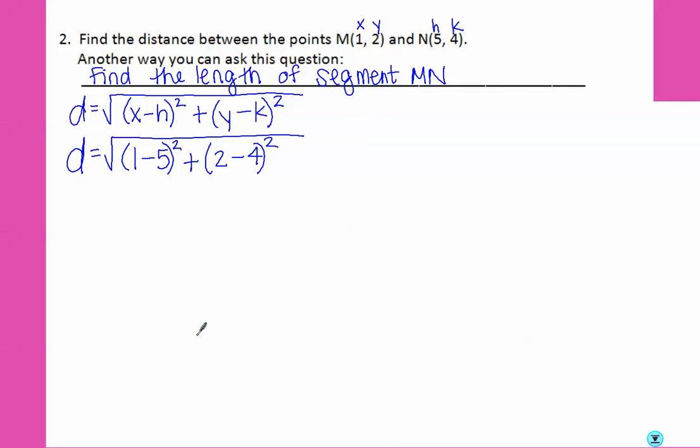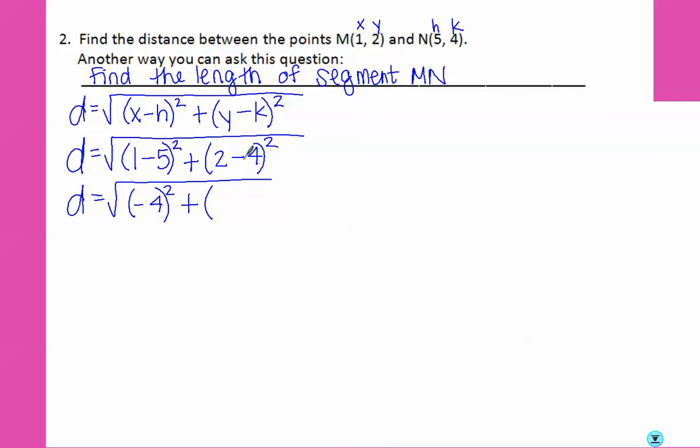We need to simplify the parentheses first. We get the square root of (1 minus 5 is negative 4). Make sure when you are dealing with this formula, you keep the parentheses around the simplified part. It'll save a lot of trouble when you're putting things in your calculator.